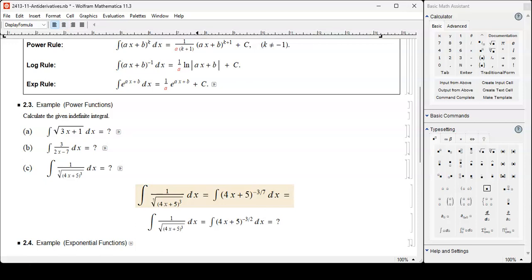Let's apply the power rule. Add 1 to the power. So add 1, so 4/7. And then divide. So we have to have 7/4. And that's not enough. We have 4 here, so we need 1/a.